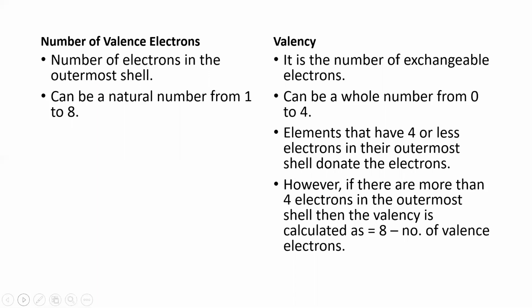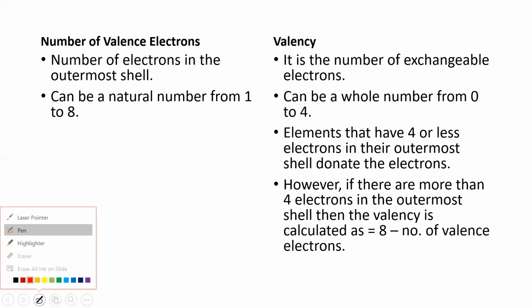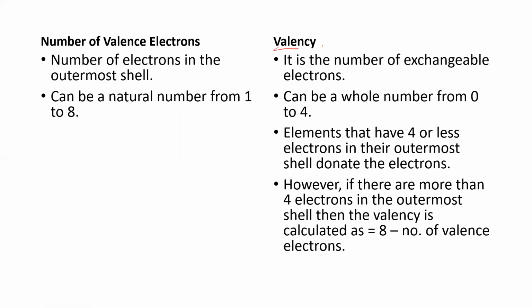But now we are coming to the next word, called valency. Valency, in a very common man's language, is the marriage, or how many rings you are going to exchange when you are getting married between two atoms. Therefore it is the number of exchangeable electrons.